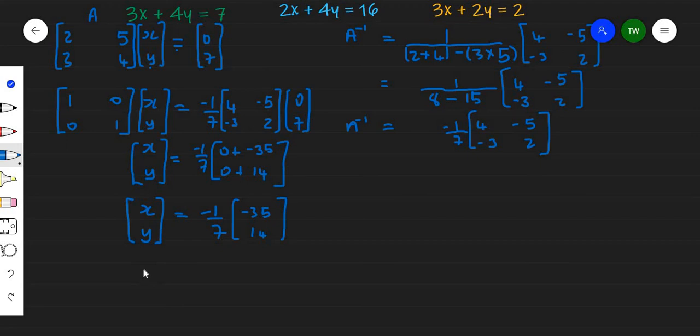And on this side, I'm still left with x and y. That is going to equal, I'm going to take this negative 1 over 7 to multiply each term in the bracket. So negative 1 over 7 times negative 35 is the same as saying negative 1 times negative 35, that's going to give you 35 over 7, and 35 over 7 is just 5. And negative 1 over 7 times 14 is just going to give us negative 2.